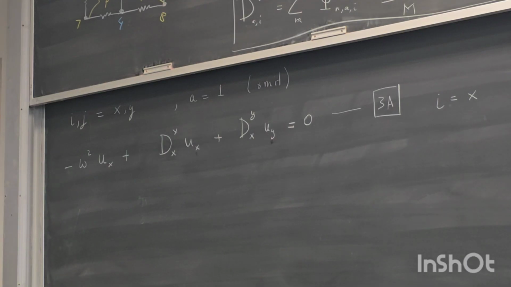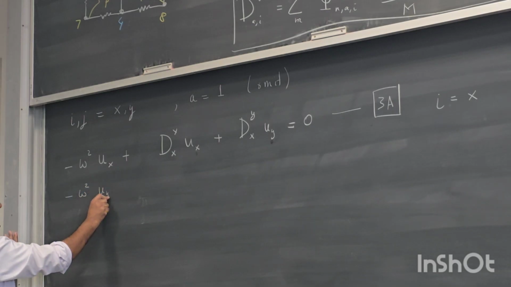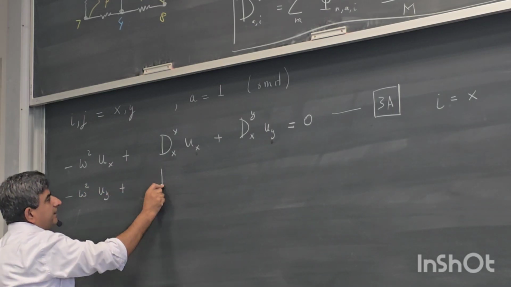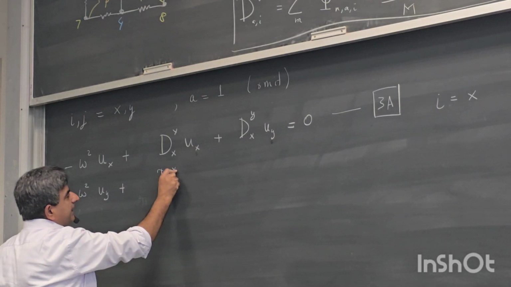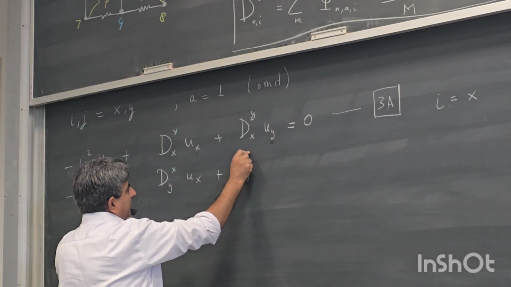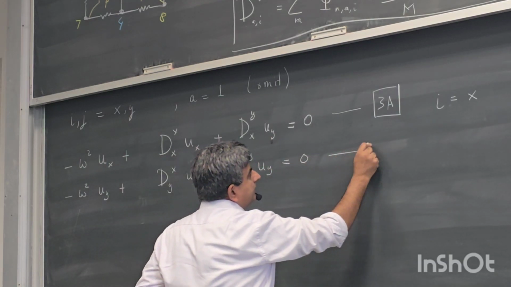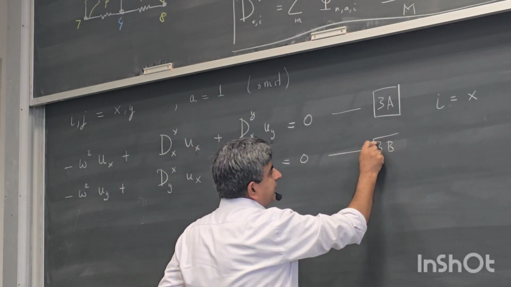So this is equation number 3a. Likewise, equation number 3b will become minus omega square uy plus dyx ux plus dyy uy equals 0. This is equation number 3b.